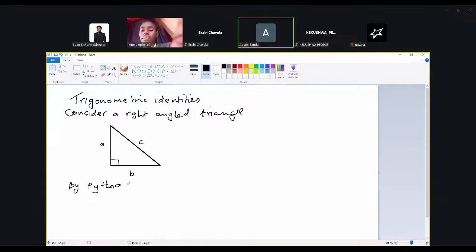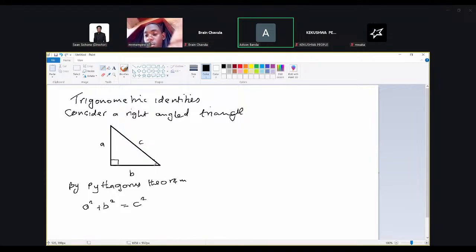Pythagoras theorem says that A squared plus B squared is equal to C squared.